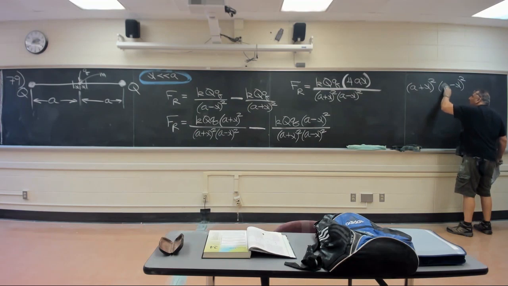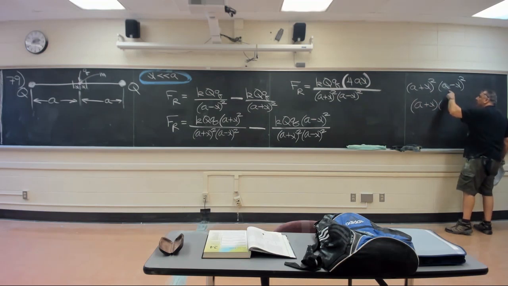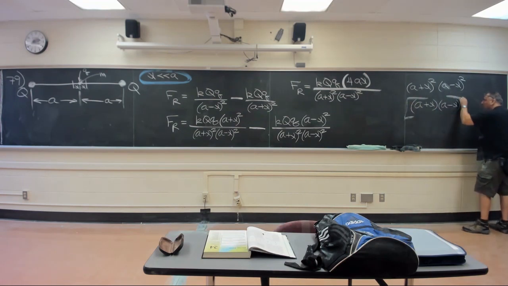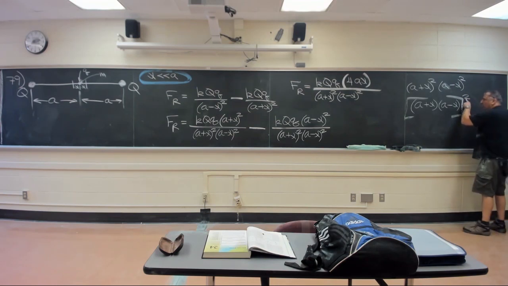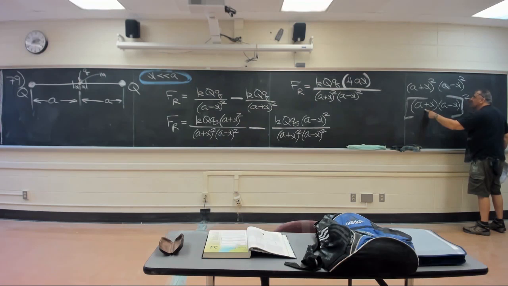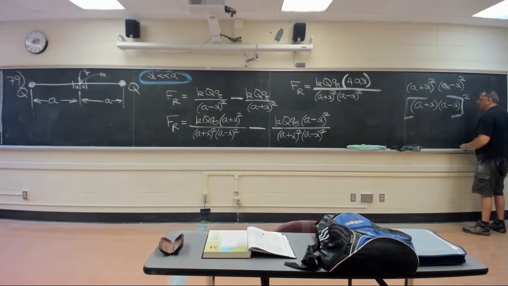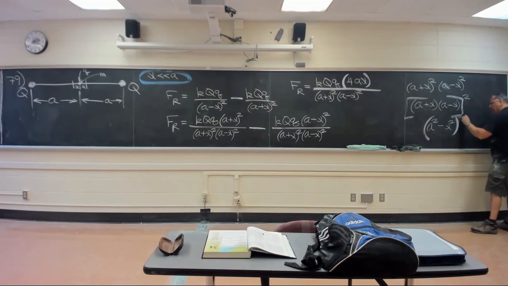Squared, huh? They're both squared. You know what that's the same as? Both squared. If you bring the square inside, you get the quantity a plus x squared. If you bring the 2 inside, you get the quantity a plus x squared. Bring the 2 inside over here as well, you get the quantity a minus x squared. You do this right here, you get a squared minus x squared, and then you're squaring that.